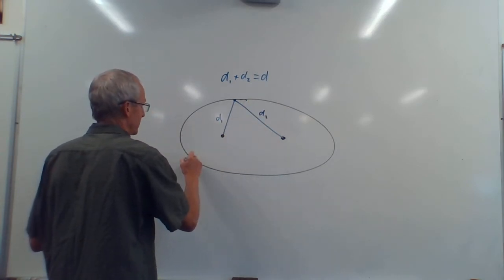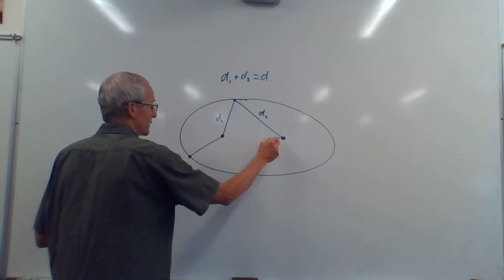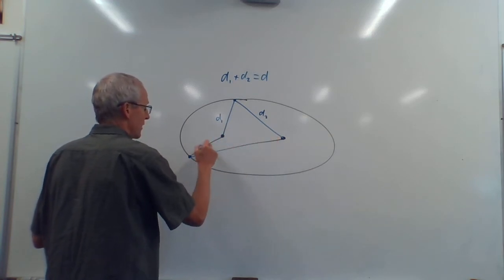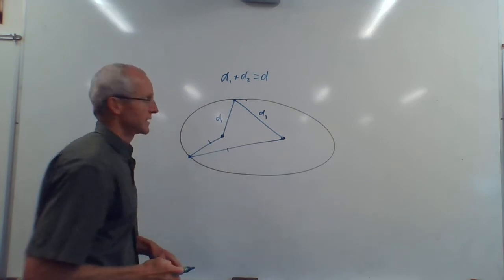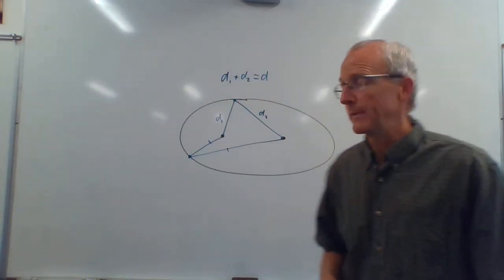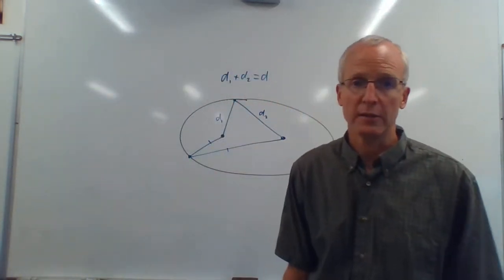So if I go to this point over here, this one's close, that one's far, but when you add those two distances together they're always the same. I just drew this randomly, so it's probably not going to work that way.